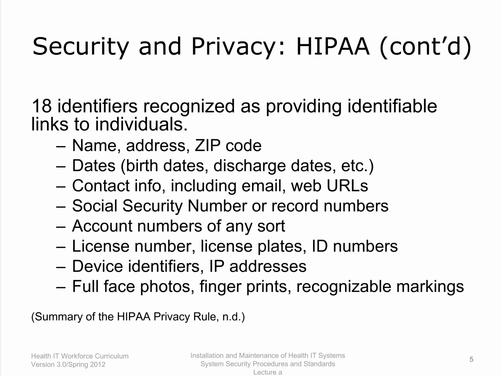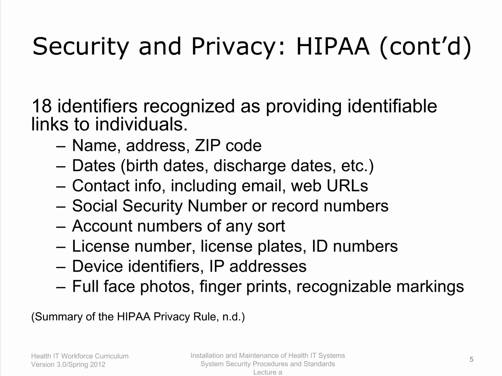Slide 5. Under HIPAA, 18 different identifiers are recognized as providing identifiable links to individuals. 1. Names. 2. All geographical subdivisions smaller than a state, including street address, city, county, precinct, zip code, and their equivalent geocodes, except for the initial 3 digits of a zip code, if according to the current publicly available data from the Bureau of Census: 1.